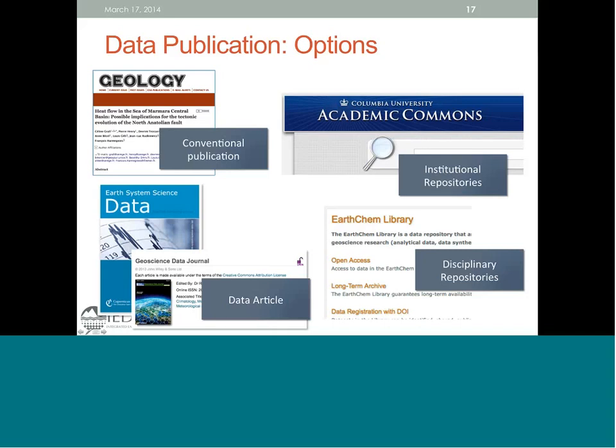Or there is an increasing number of data journals that actually publish the data with a short explanation about the data, about the methods that were employed and that were used to acquire the data, and the ways they were corrected, further reduced to final results, and the data quality explanation. And then there are disciplinary repositories, the example here being EarthChem, which is a repository for geochemical data.